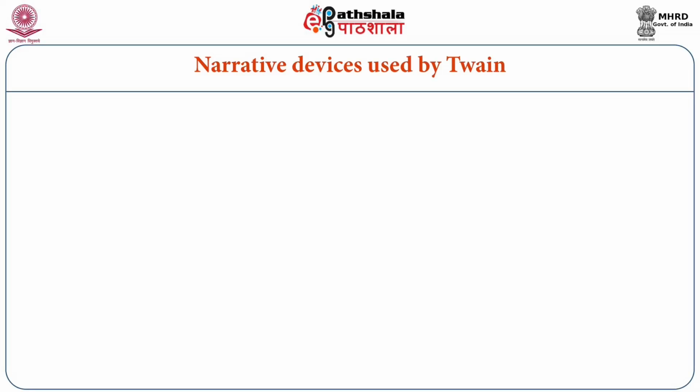Mark Twain used several narrative devices which will tell you very clearly why Ernest Hemingway thought that this is the first book of American literature, this is the great book of American literature, and all American literature ensued from this book.